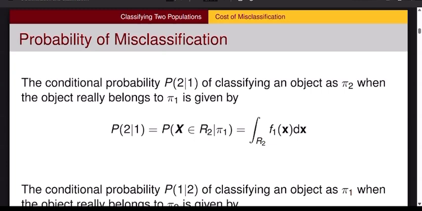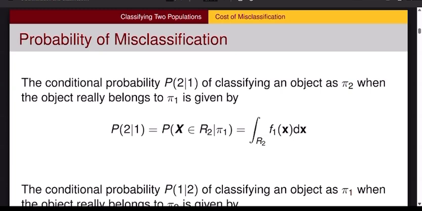Now, in classification, since we've already acknowledged that our model is never going to give perfect classification, there's room for error.